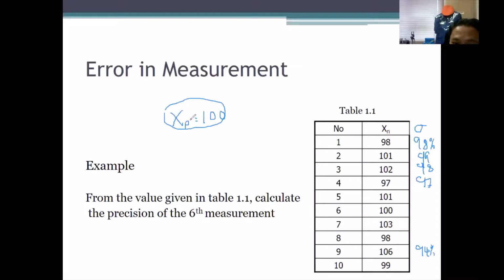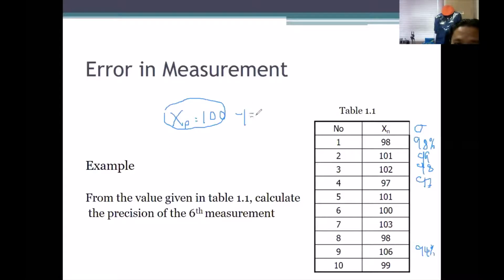So here, the expected 100 minus 98, divided by 100, we get an error of 2%. Then 100 minus 2%, we get 98%. For the second measurement, 100 minus 101, we get negative 1, divided by 100, but this error is absolute, so negative 1 will be 1.